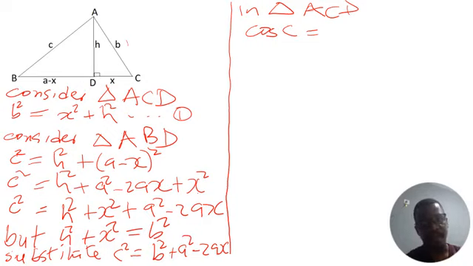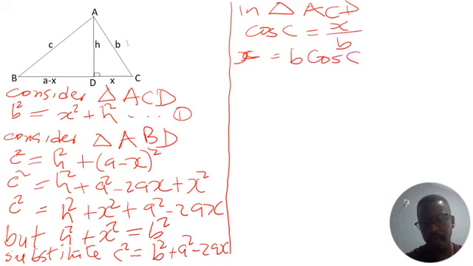If we want to find the cos, it is adjacent over hypotenuse, so it's x over b. In this case we want to take away x. If x is not going to be introduced, we have to take it away. So if we make x the subject of the formula, it will be equal to b cos c.